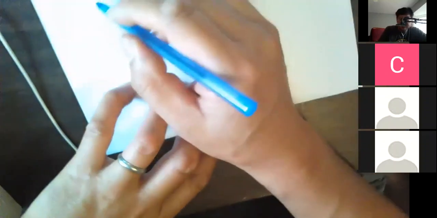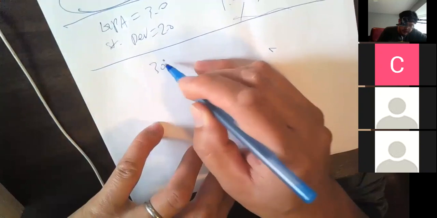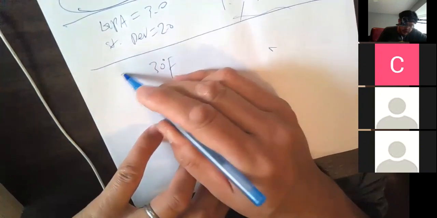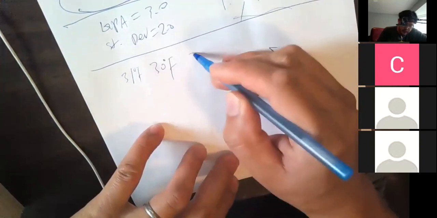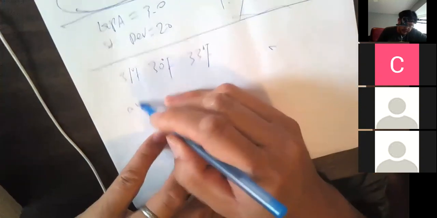Let's do one more example. If I have a temperature sensor and my readings are 30 degrees, 31 degrees, and 33 degrees, what is the average?